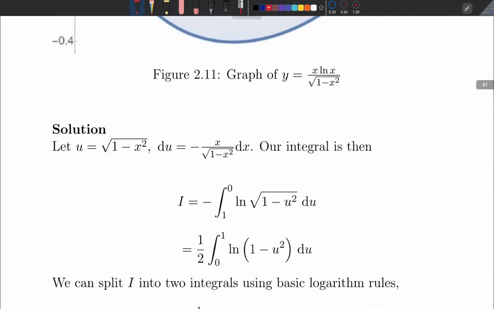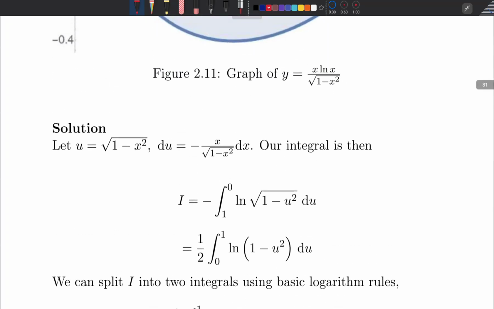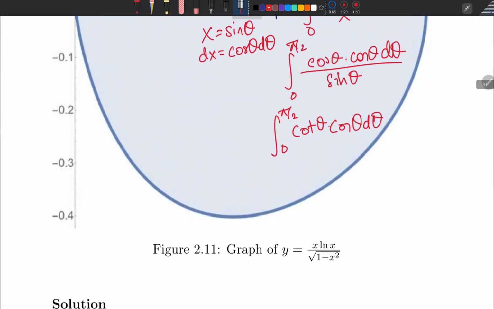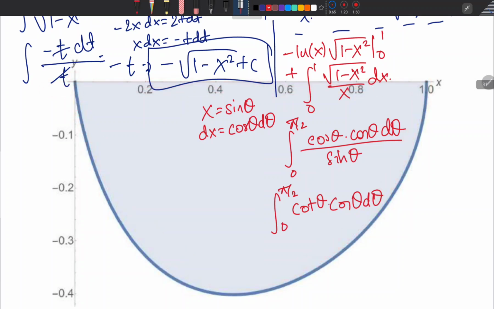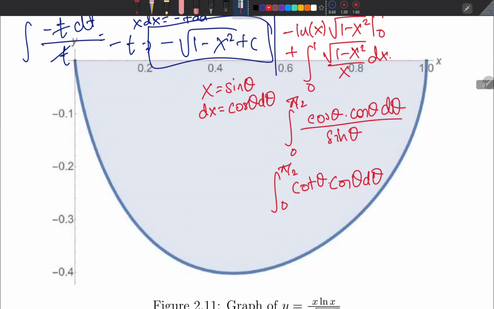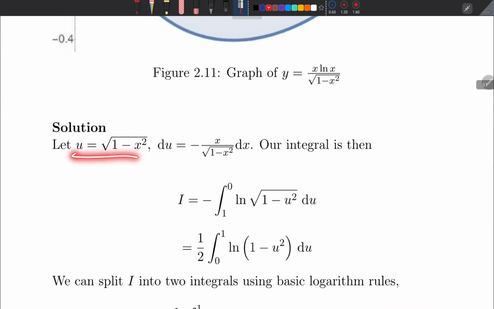Okay, let me just look at this solution. I need to just check the solution here. Okay, so basically this is the curve, right? It's kind of parabolic. Okay, so we have to let u equals square root of 1 minus x squared, and we have the derivative or something sort of that.